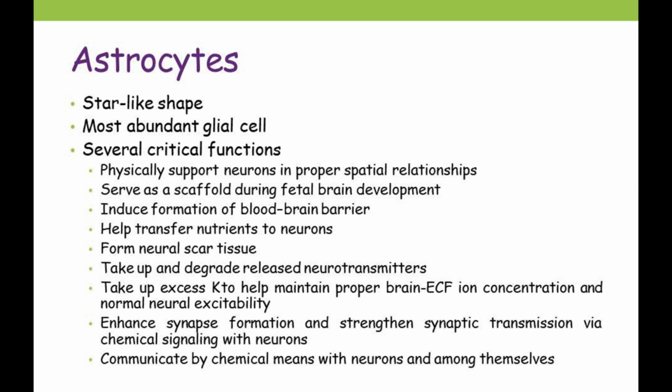They can induce formation of the blood-brain barrier, help in the transfer of nutrients to the neurons, form neural scar tissue, take up and degrade released neurotransmitters, take up excess potassium to help maintain homeostasis of extracellular fluid ion concentration, enhance synapse formation, and strengthen synaptic transmission. So astrocytes are also important for communicating with neurons and among themselves.